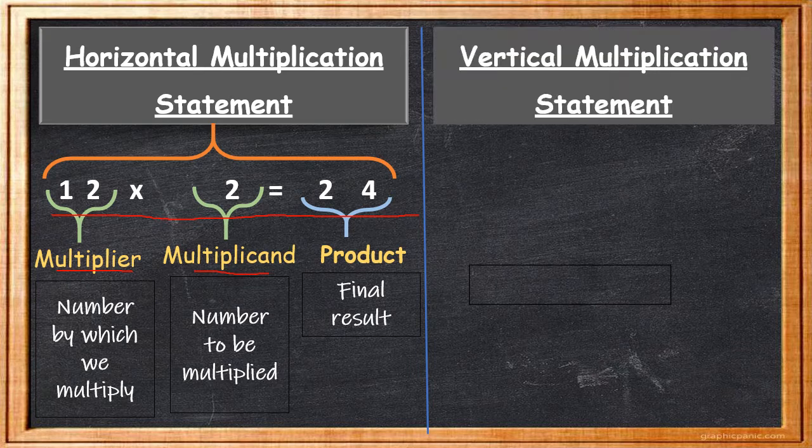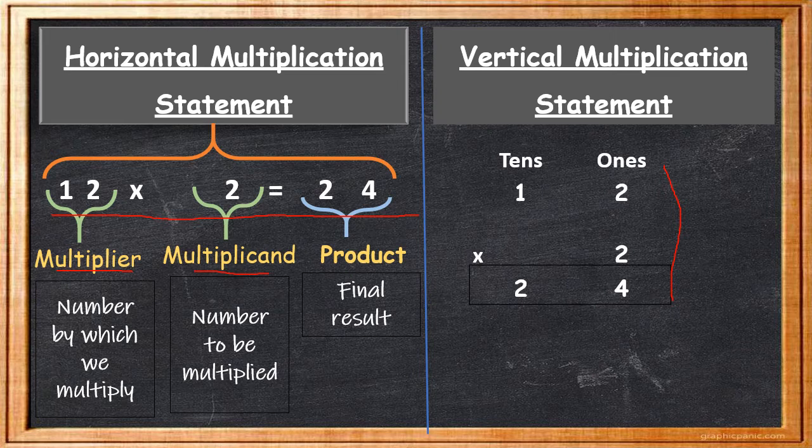Now next is the vertical multiplication statement. In the vertical multiplication statement, we write numbers in a straight standing line, like this. Is it clear, children? We use the vertical multiplication statement basically for large numbers.